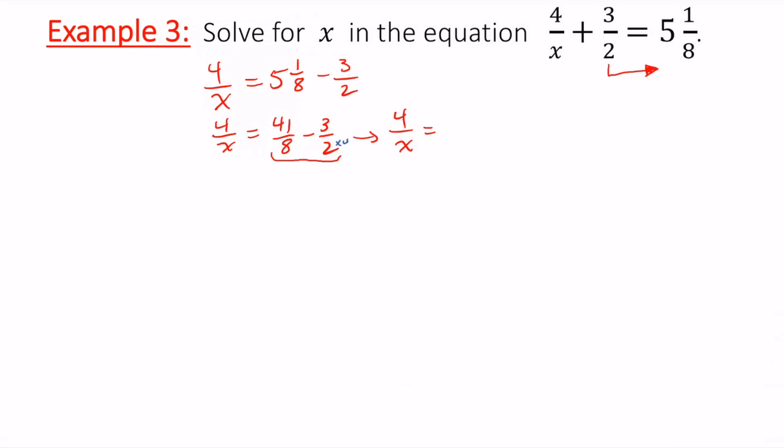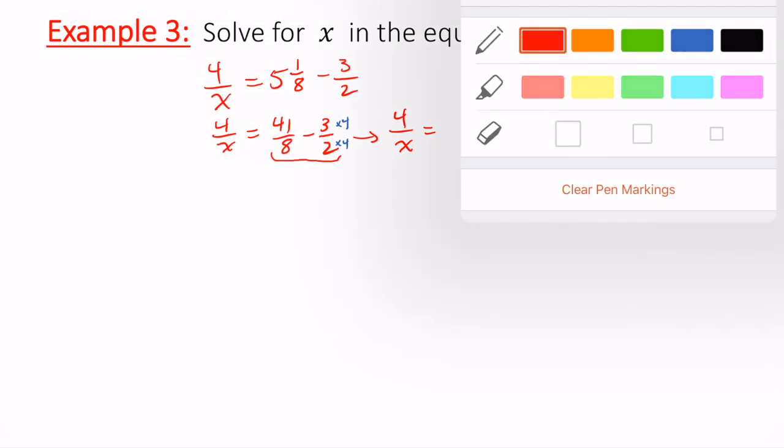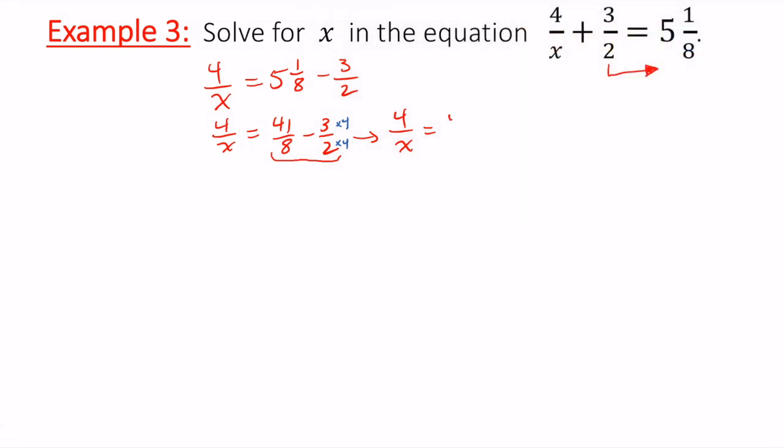And I would just multiply this right fraction here by 4, top and bottom. So that would give us 41 over 8 minus 12 over 8. And that would leave us with 4 over x equals 41 minus 12 is 29 over 8.